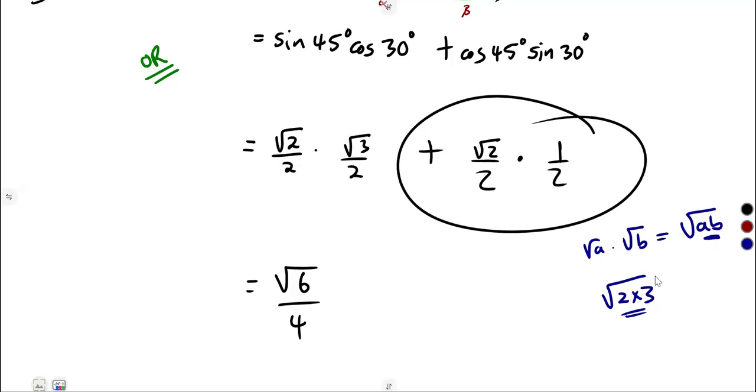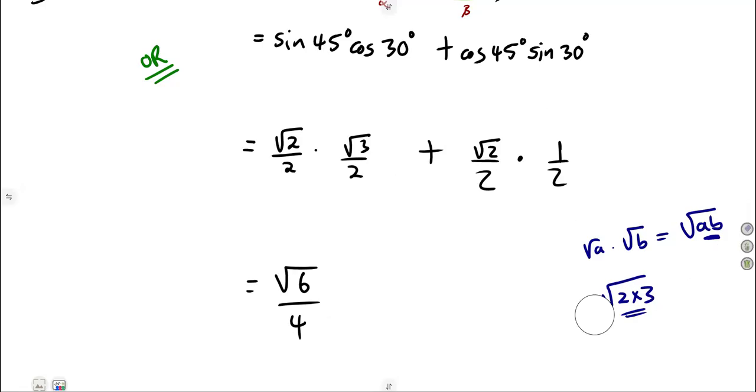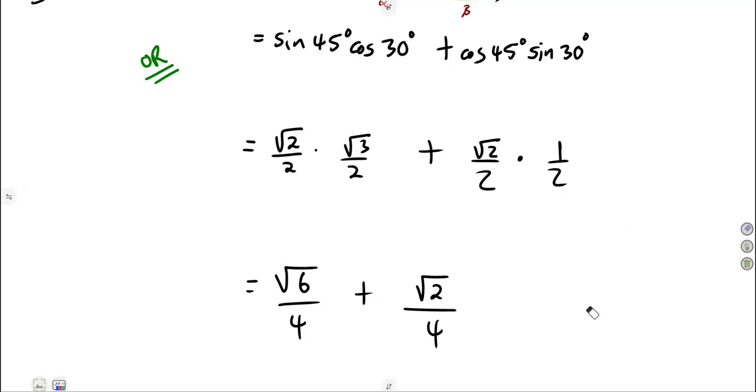All right, let's move on to the second part of the fraction. We have square root of 2 times 1. Remember, guys, it is just going to remain as it is when multiplied by 1. 2 times 2, that's a 4. So the denominators are the same, just like the previous case.